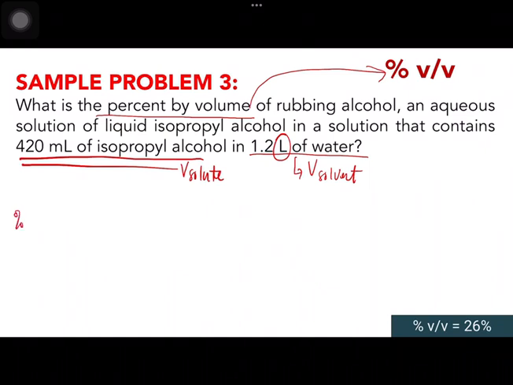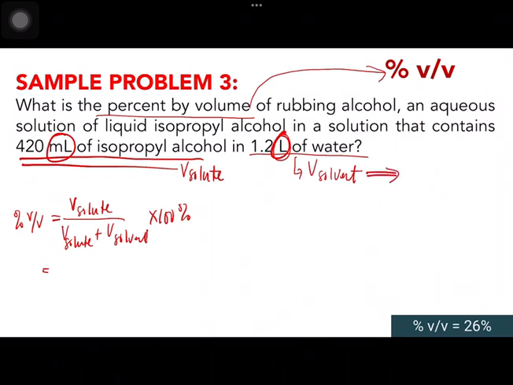So, let's set up the equation. Percent by volume is equal to volume of solute over volume of solute plus volume of your solvent times 100%. Okay. So, may problema lang tayo kasi this one is in ml, this one is in liters. So, kailangan natin i-convert ang isa sa kanila to the other one.